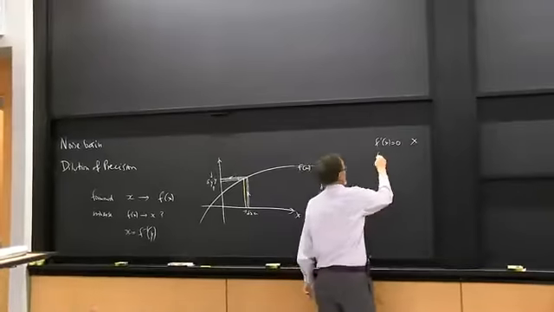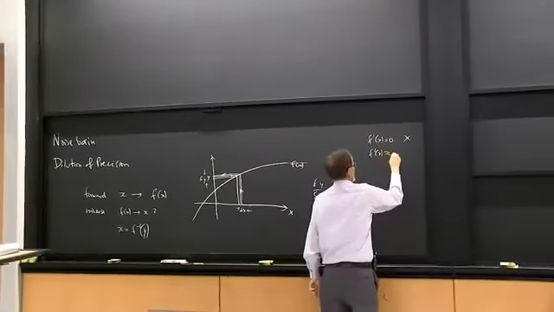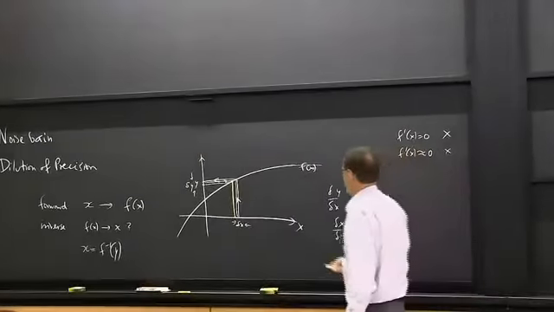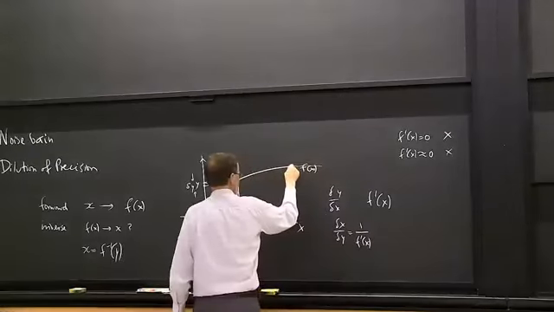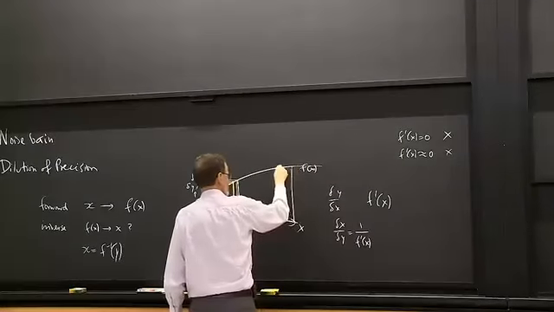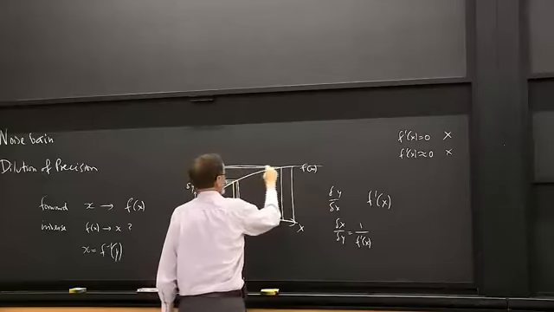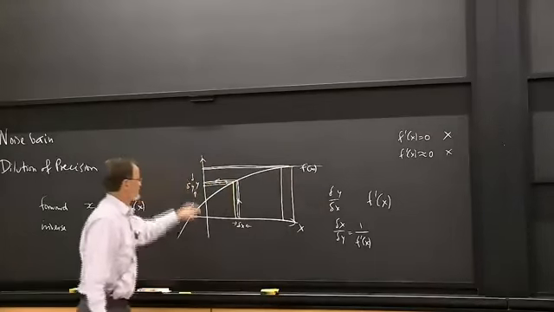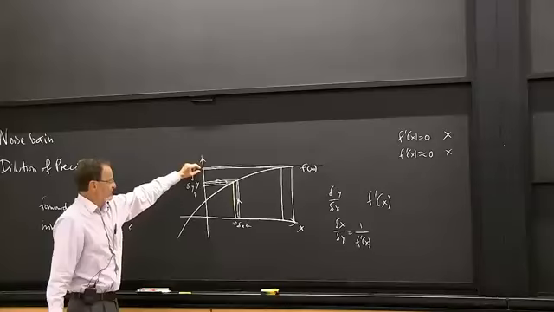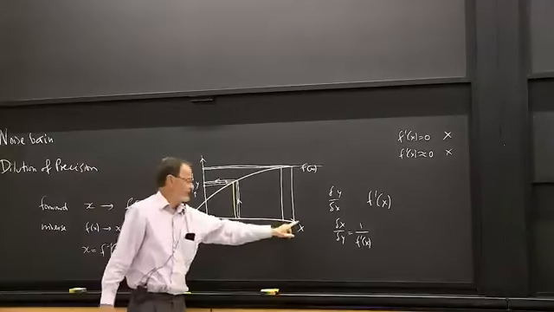But also, if f prime of x is small, that's not so good. Because if we're up here and we make some change in x, that's going to be an almost imperceptibly small change in y. And conversely, if there's any noise in the measurement, I don't really know where I am, right?